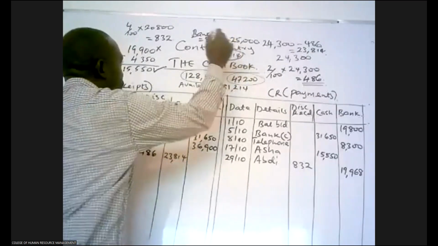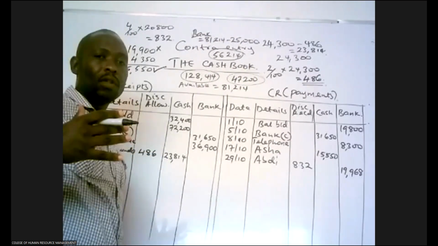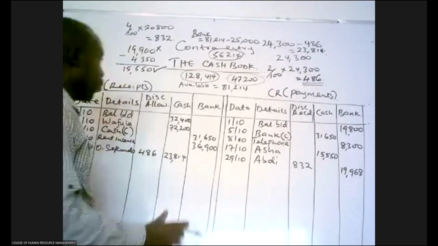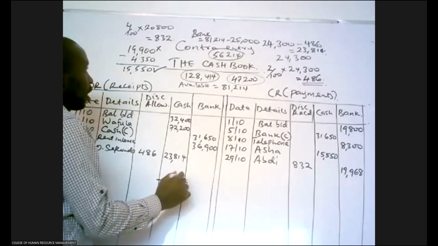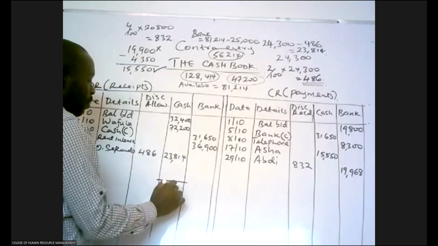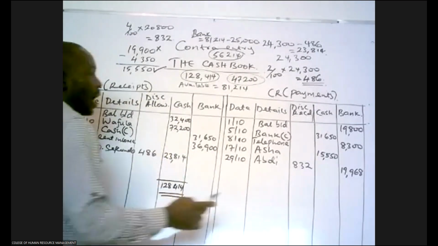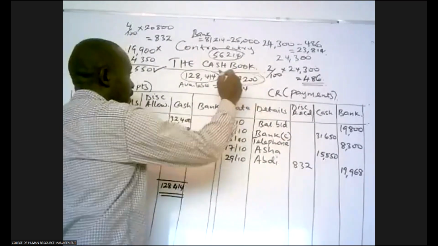This is the bank. Look at the procedure that we have. We added the total cash that we received, 128,414. Then the total cash that was paid, 47,200.